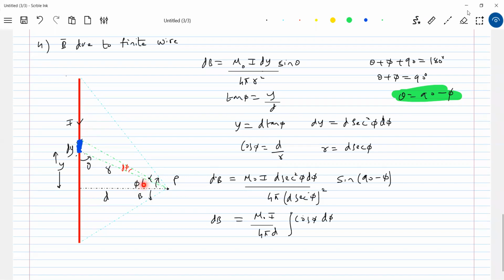If I vary phi from 0 to minus beta, you see the sense of rotation, minus beta, then I'll get the field strength at point P due to the lower part of the wire. So therefore the limit will be minus beta to plus alpha. So this will be mu naught I over 4 pi d.